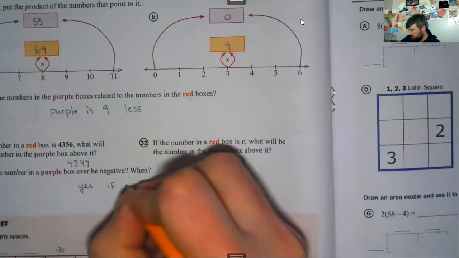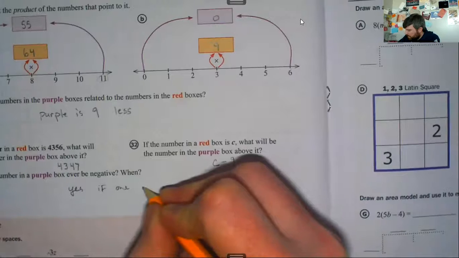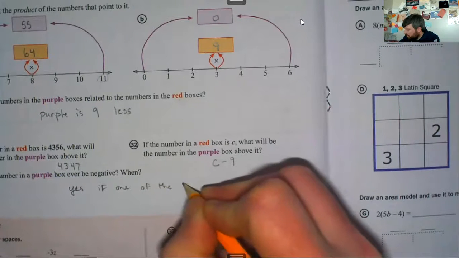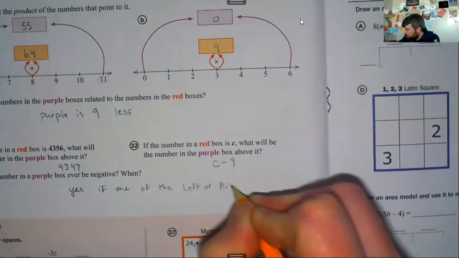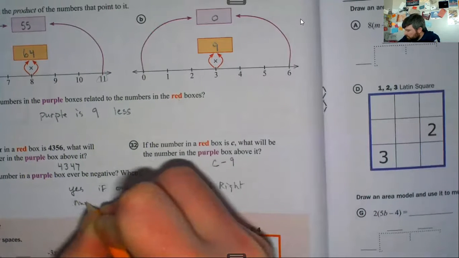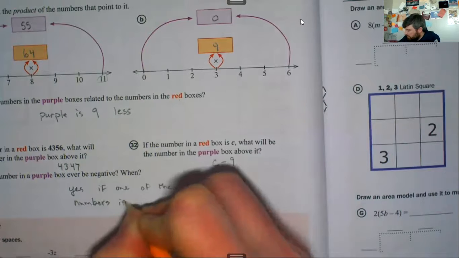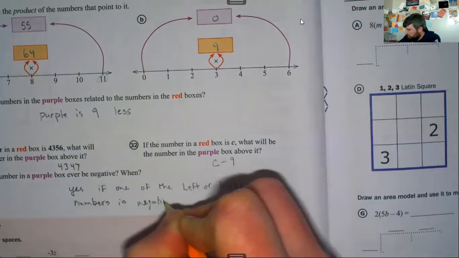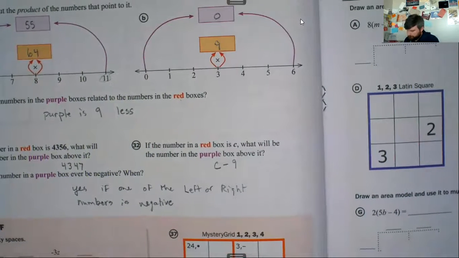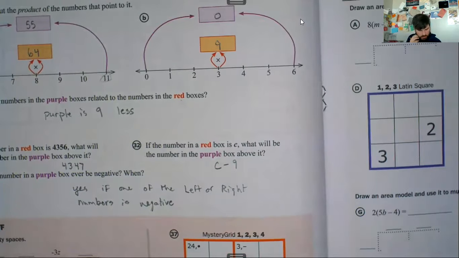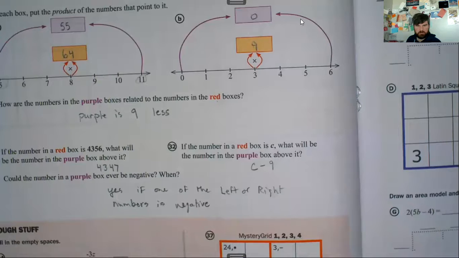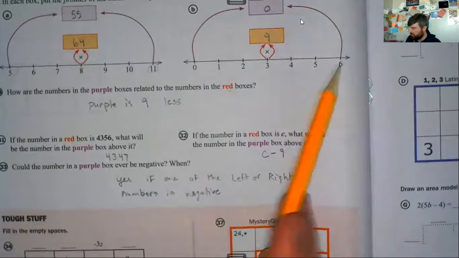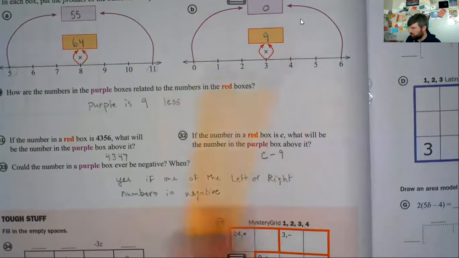If one of the left or right numbers is negative. For example, if I just scoot this down one more, -1 and 5 or -2 and 4, those would give us some negative numbers.